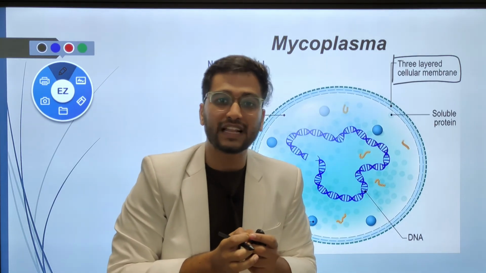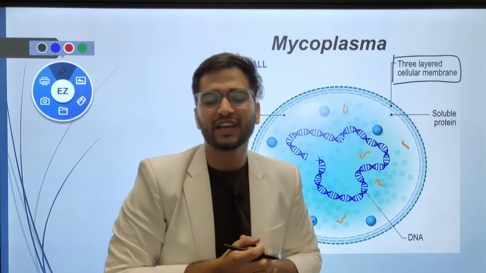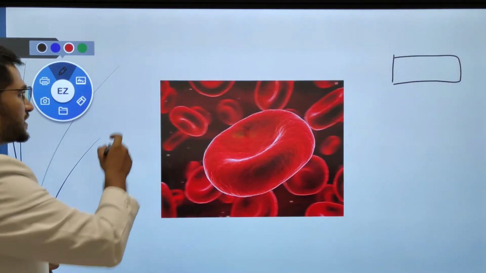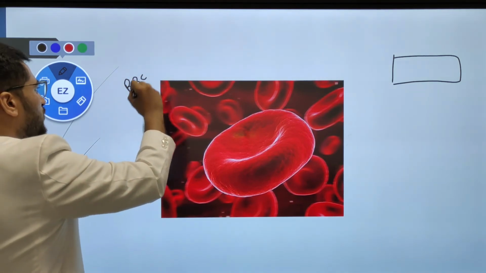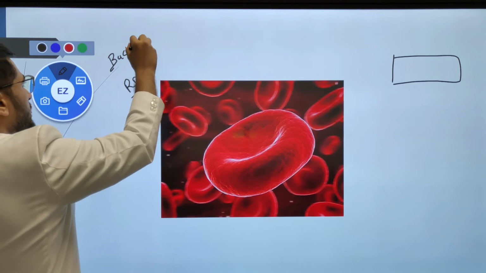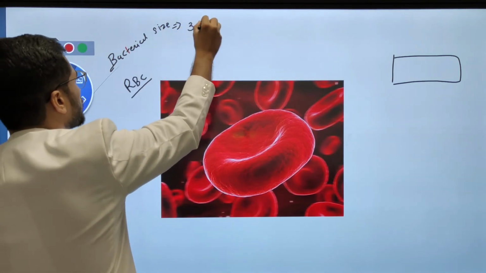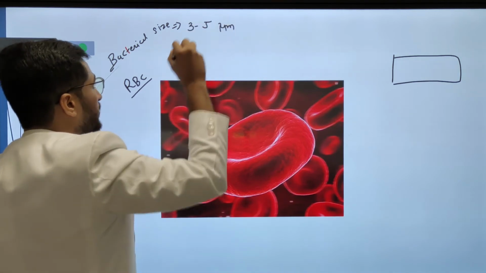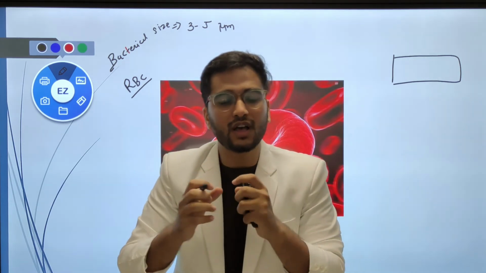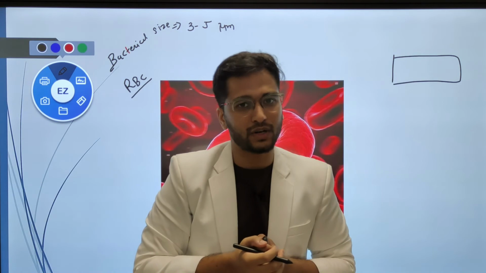Such cells are known as Lister form cells in the laboratory, but this is the Lister form from God's laboratory. Before the RBC, understand that normal bacterial size is around 3 to 5 micrometer, and the mycoplasma has a size of 0.1 to 0.3 micrometer, which is the unique character of this particular cell.